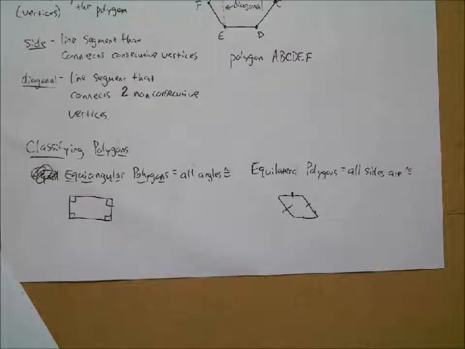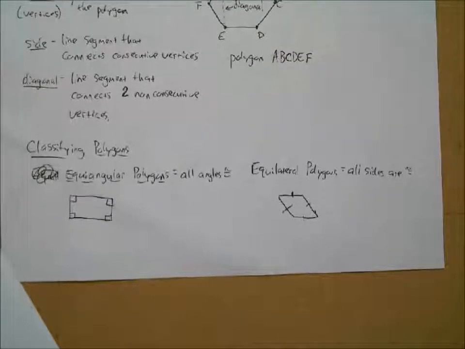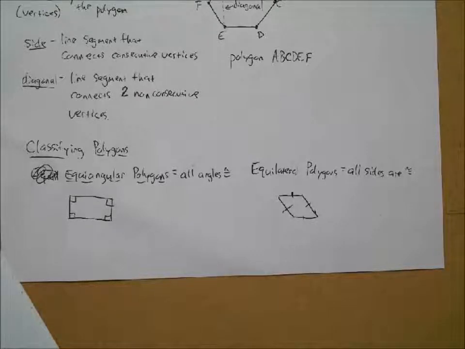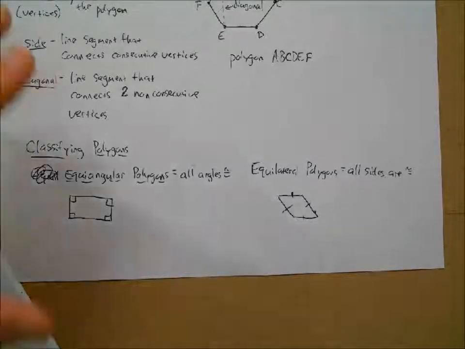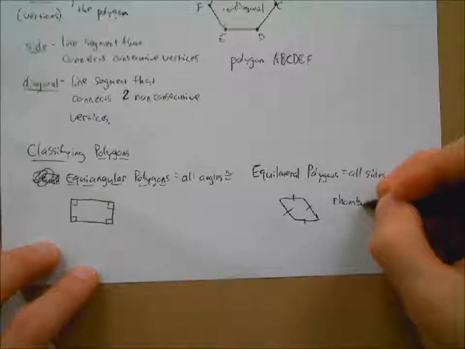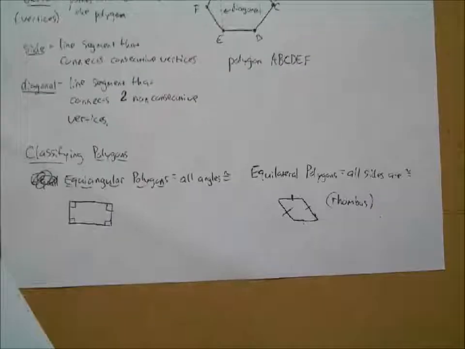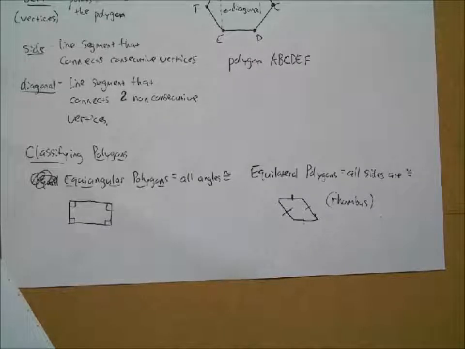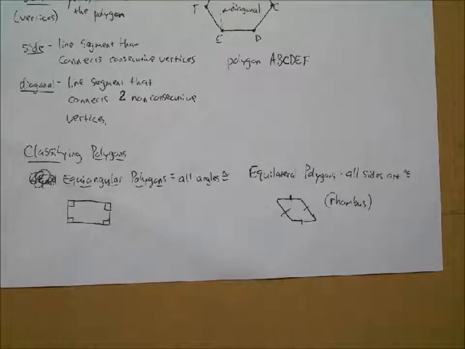Does anyone know the name of an equilateral quadrilateral? All right, Jenny, what do you say? Parallelogram? Close. In parallelograms the opposite sides are congruent, but not necessarily all four. A rhombus. That's right. Can you spell it? R-H-O-M-B. Yeah, rhombus. Very good. Okay, it's like a spelling bee. Spell rhombus.